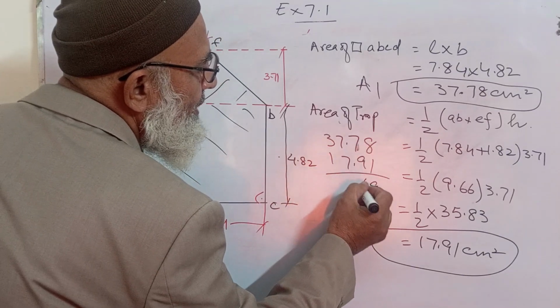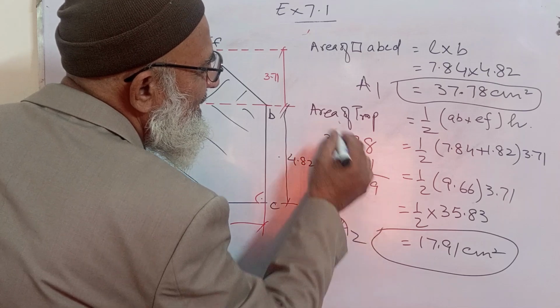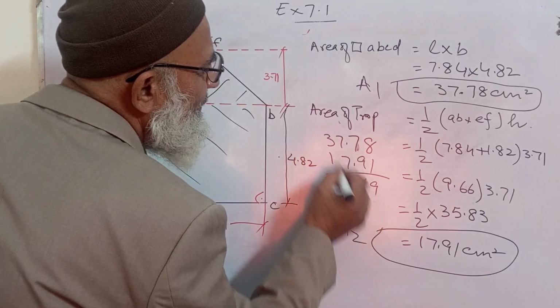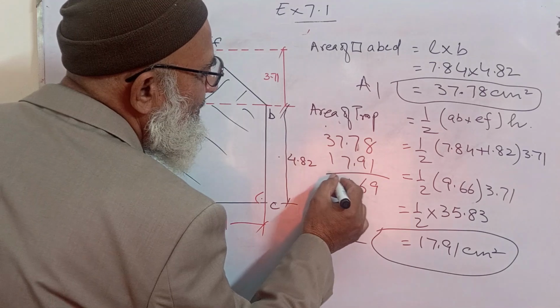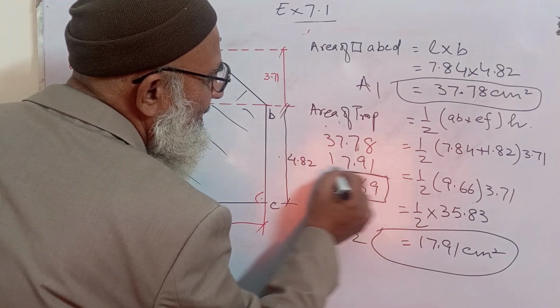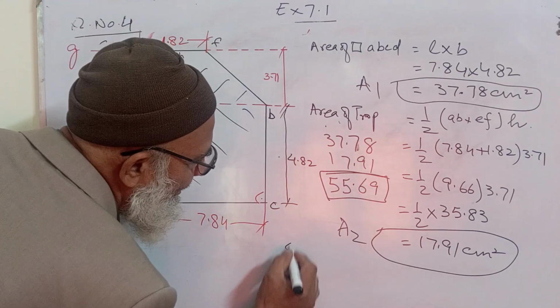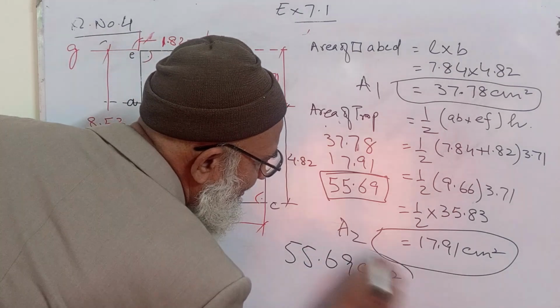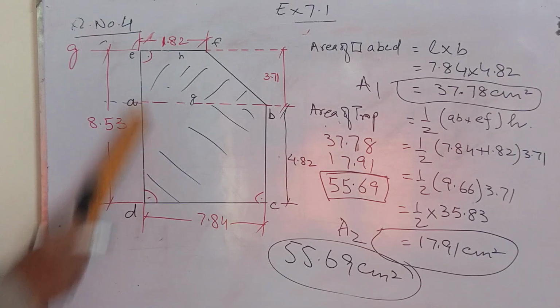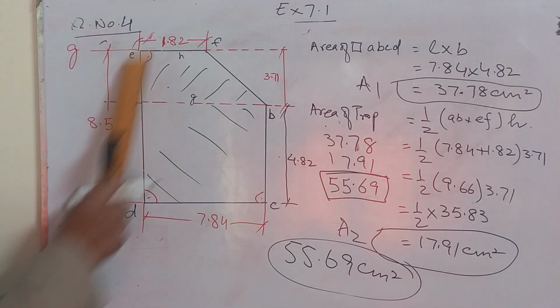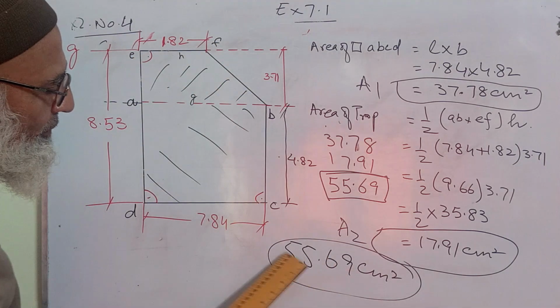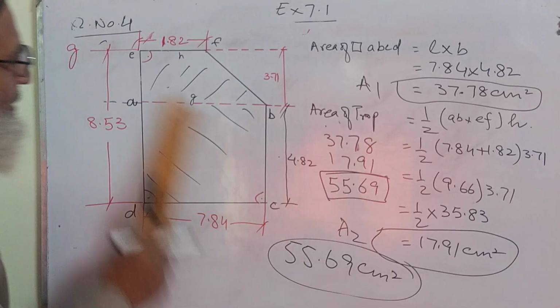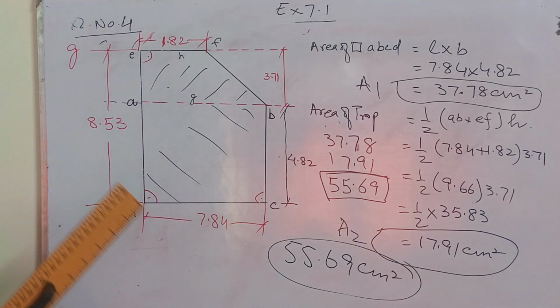That gives 55.69. 55.69 centimeters square is the total answer for this figure. The area of this figure is 55.69 centimeters square. So my dear student, question number 4 has been completed, and this is only for you.